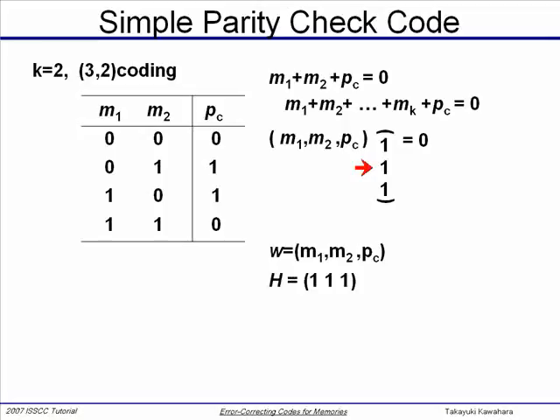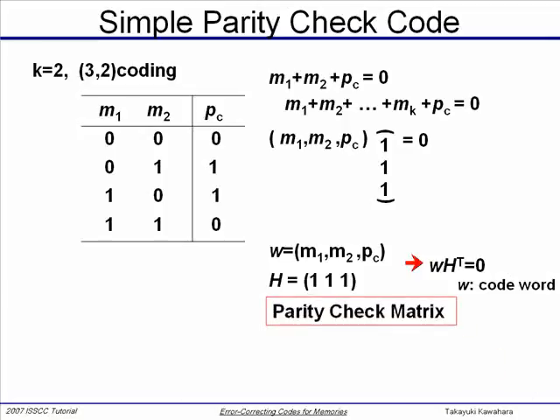In this expression, we have the matrix H, just as G is the generation matrix, this is H. Using these two matrices, we can write the simple one equation for this coding: W times H transpose equals 0. This is what we call the parity check matrix. It's a very simple parity check matrix. This is H.